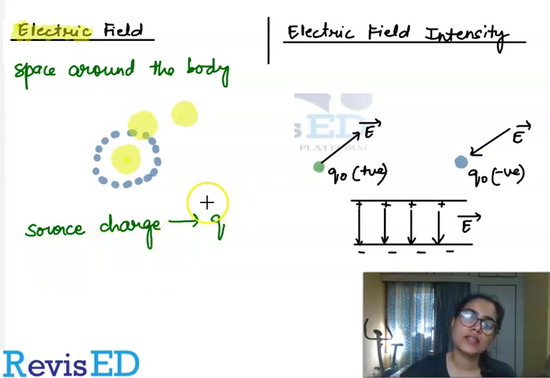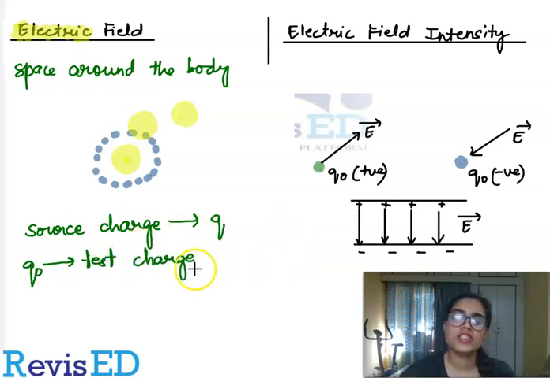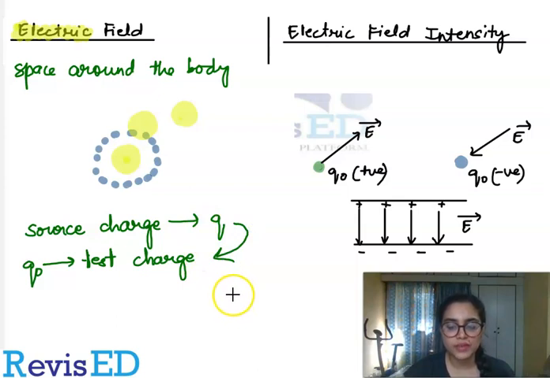The source charge is the one which is producing that electric field, whereas Q0, which is known as the test charge, experiences the electric field due to the source charge. So these are the two terminologies that you should know about an electric field.